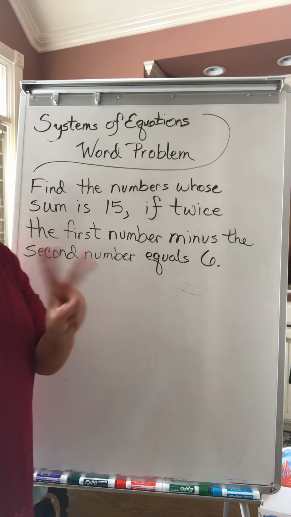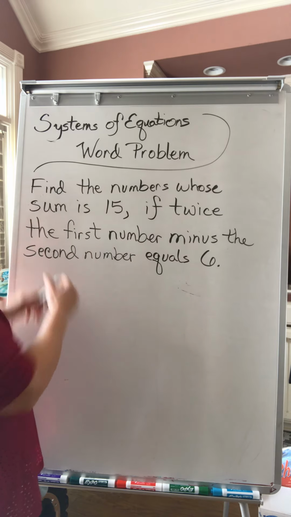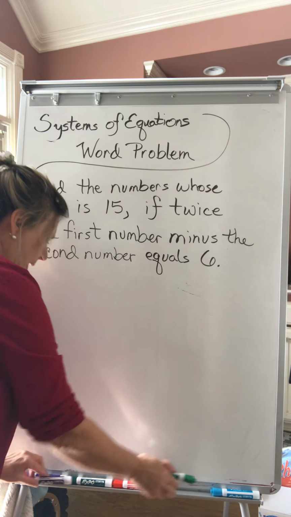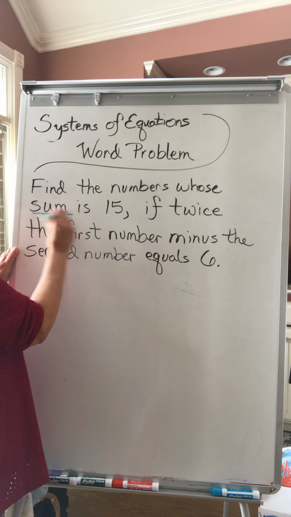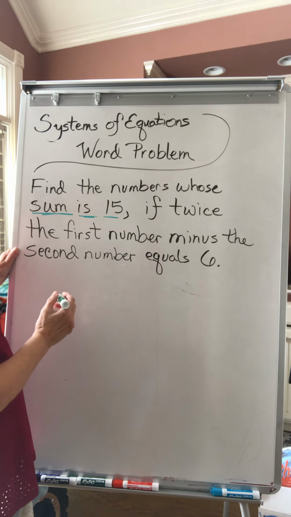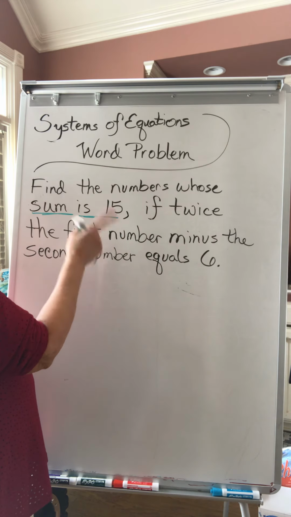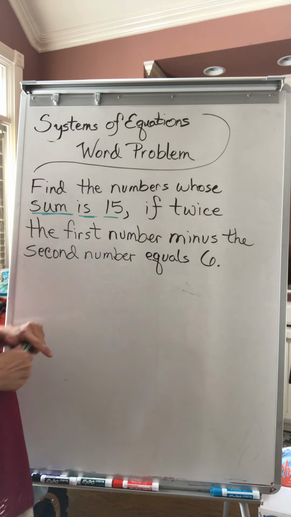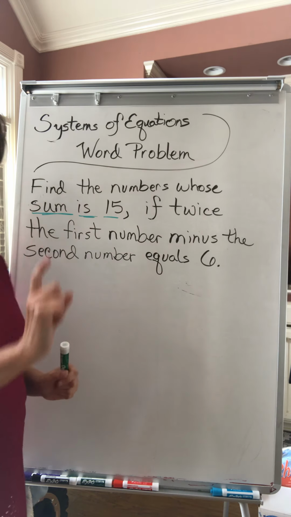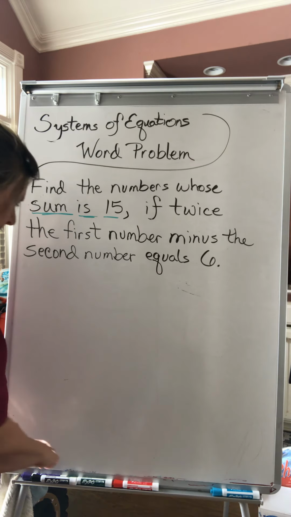So we're going to be looking for two numbers whose sum, meaning we need to add them together, is 15. If twice the first number minus the second number equals 6. So this part will give us one equation, and this part will give us our second equation.